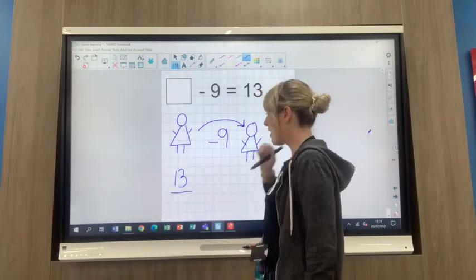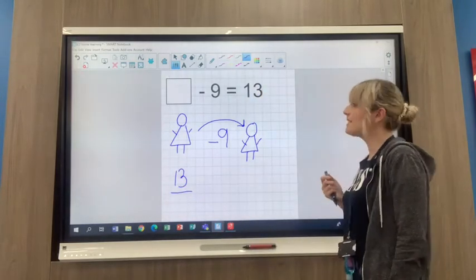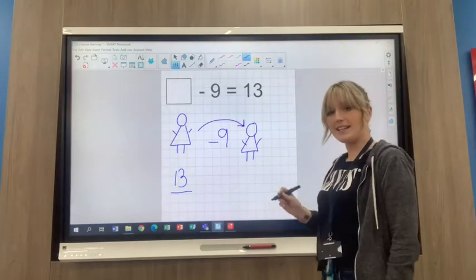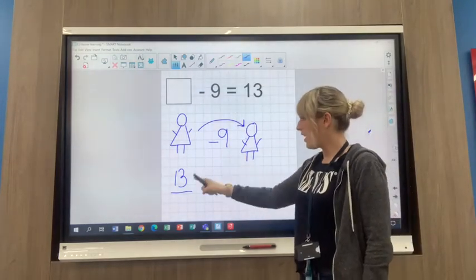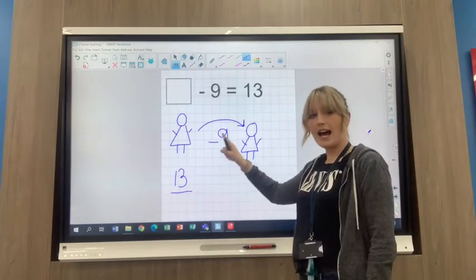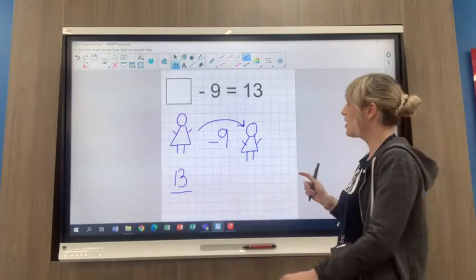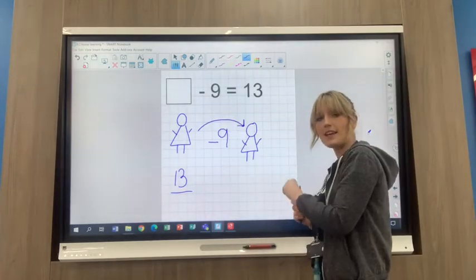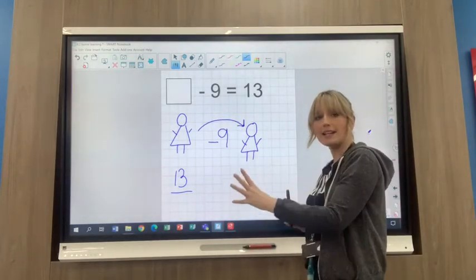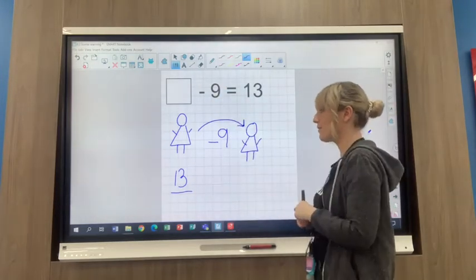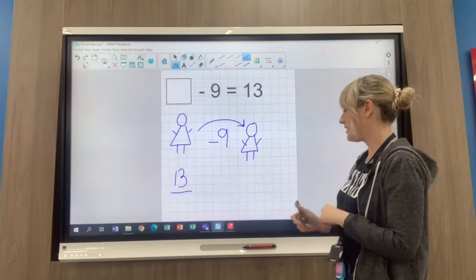To find my missing number, to find how many she had to begin with, I need to count 13, add 9. So I'm doing the inverse, the opposite. We took 9 away. Now we need to put them back and add them to figure out what we started with. So 13, add 9.